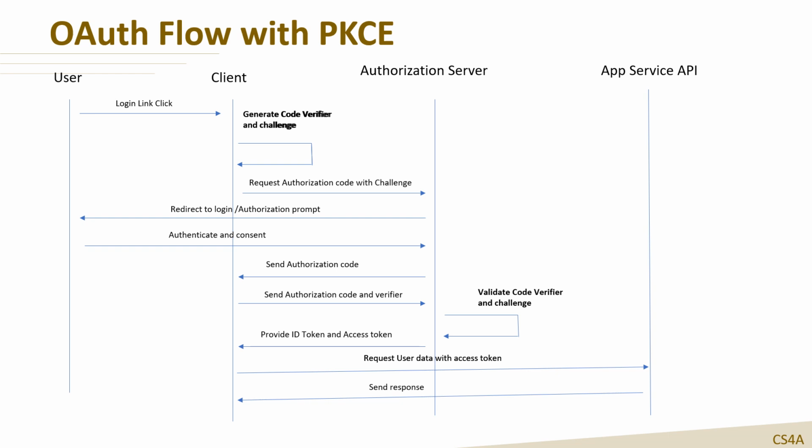If any third-party browser extension or any third-party application tries to get the redirection URL, it can't get the access token, because those applications won't have the code verifier. The authorization server will only respond with the access token for the valid code verifier. So it's much more protection in the OAuth flow.